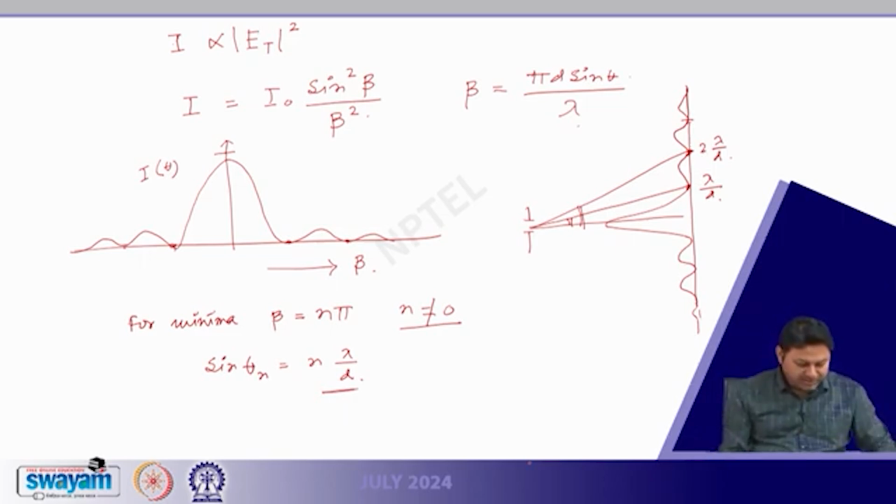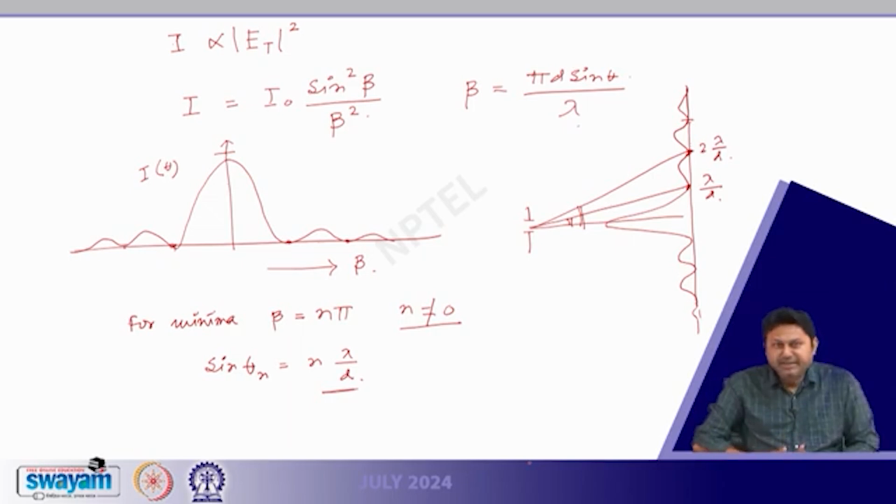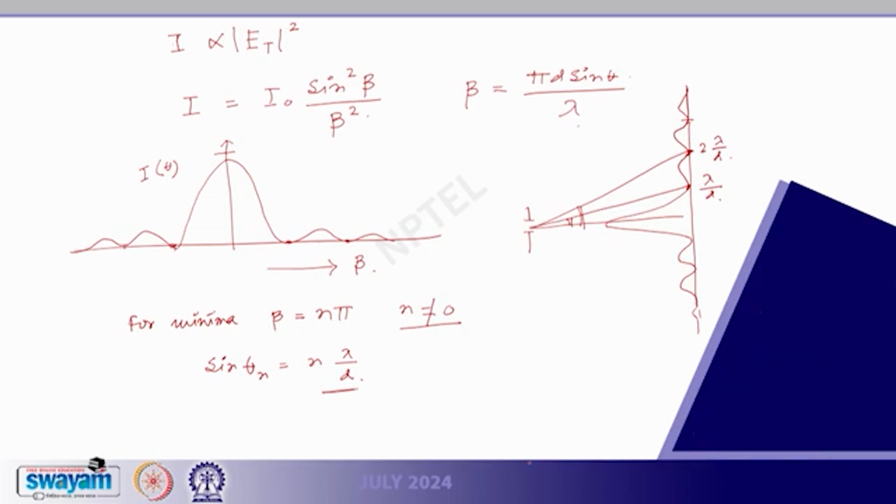Now, quickly understand in which point we get the maxima, but I think I do not have much time to discuss this maxima. Today time is up. So, in the next class, we will describe for this single slit pattern how one can calculate at which theta we will get the maximum points.